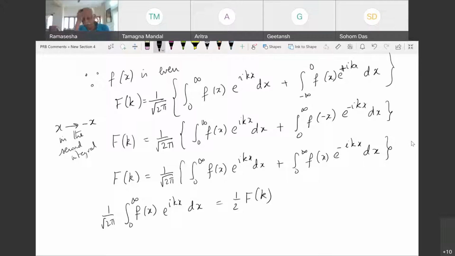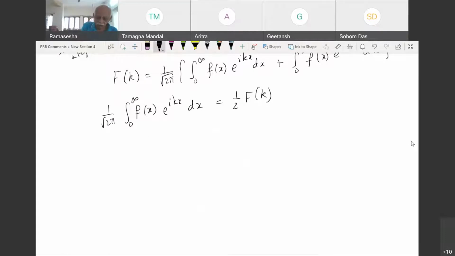Because the integral from minus infinity to infinity of f of x e to the ikx dx is capital F of k, and because f of x is an even function, I can write it as twice the integral 0 to infinity of f of x e to the ikx dx multiplied by 1 over root 2 pi. So this gives me F of k is equal to half of F of k plus F of minus k, by 2.